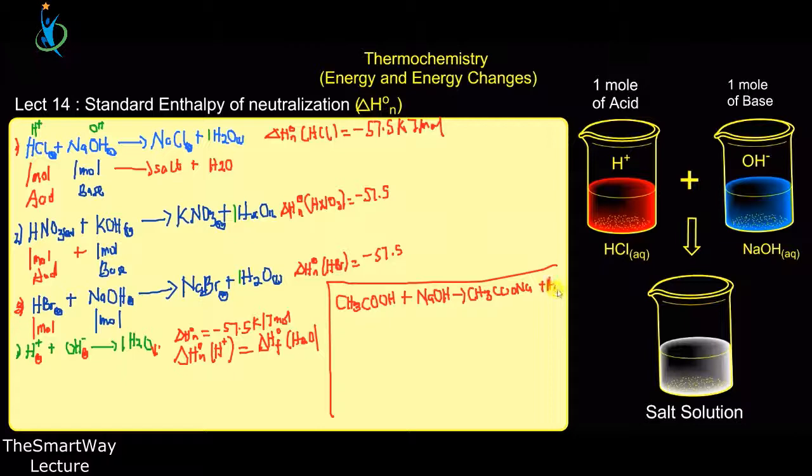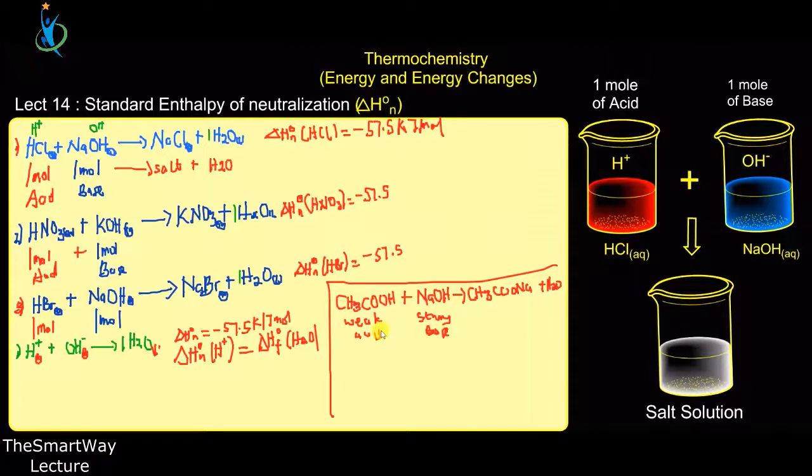Now, this is a weak acid and this is a strong base. Anytime you add a weak acid to a strong base, the value that you are going to get is not the same as this one.